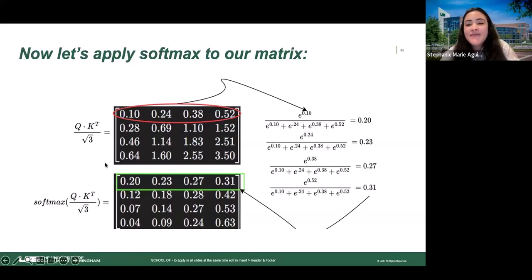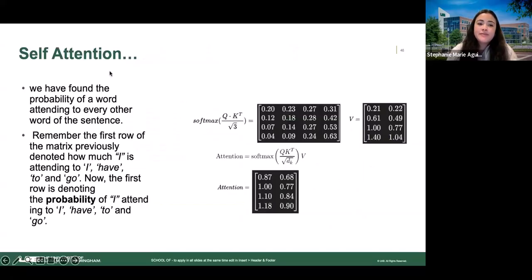So this is in terms of numerical methods. I know this is discussed, but you really have to think about what's actually going on in the background. And so that's how you would have these three matrices, and then you would have it go through the softmax function as well, and then you have those probabilities as to how they attend to each other. So in the end, you would have an attention matrix looking like this.